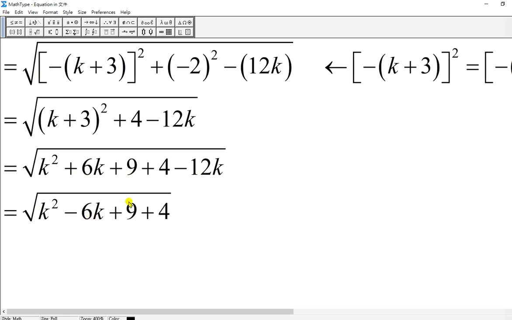You can see that I did not add them up. Some of you may add 9 and 4 together to become 13. I would not do so because these three terms can form the completing square. Okay.